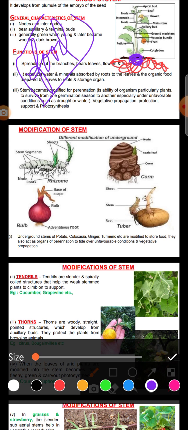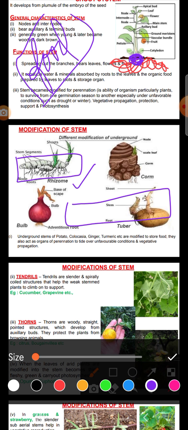When the stem has changed and started growing in a horizontal manner, we call it a rhizome.